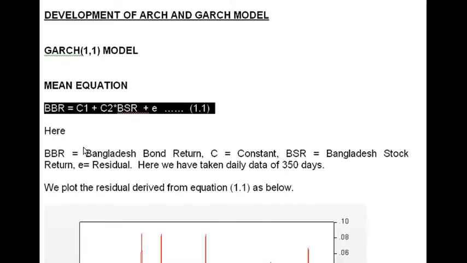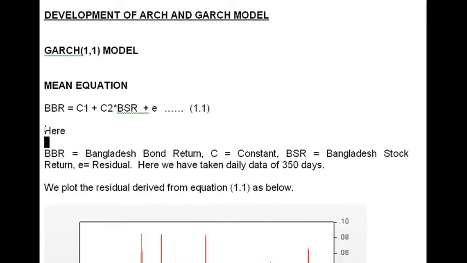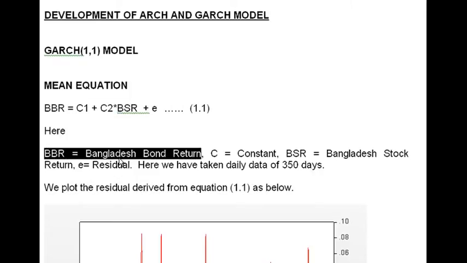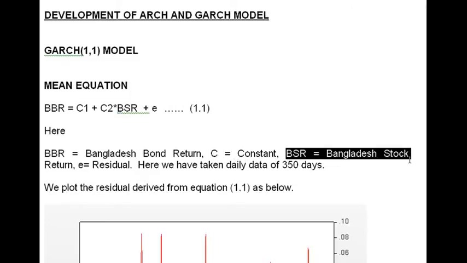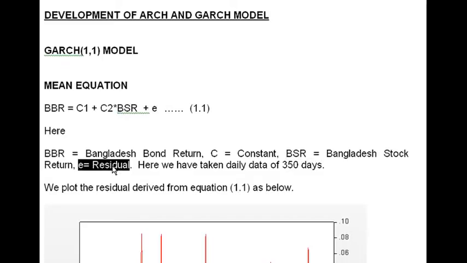That is equation number 1.1. And here BBR means Bangladesh bond return, and C means constant, and what is BSR? Bangladesh stock return, and E is the residual.